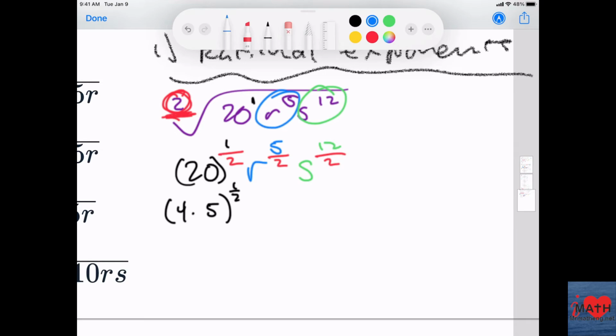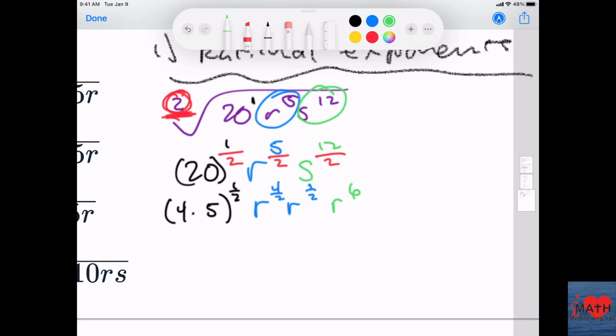And this r, you can do the same thing. You can do 4 over 2 and r to the 1/2, because you're just adding the numerators: 4 plus 1 gives you 5 halves. And then the s, which is nice because 12 divided by 2 is 6, and that's what I want.